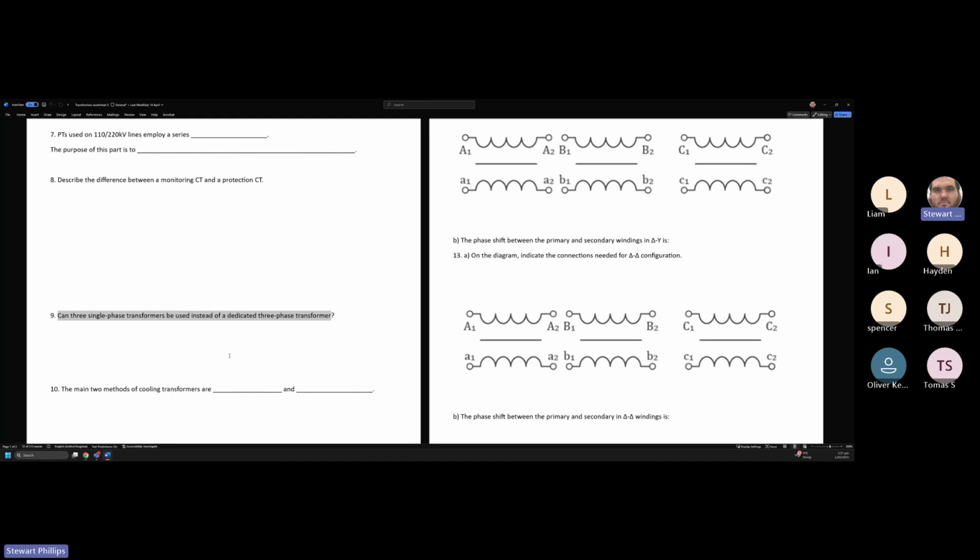Good, someone's responding. So yes, we can use three single-phase transformers instead of a dedicated three-phase transformer. It's what we do for the transformers here at ETCO.